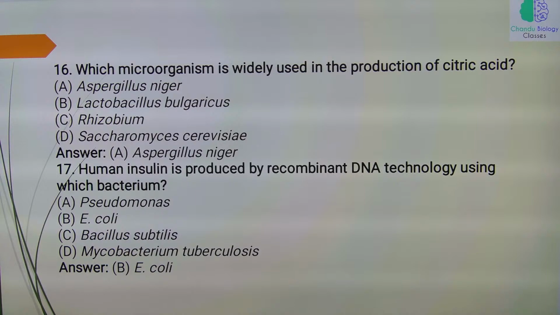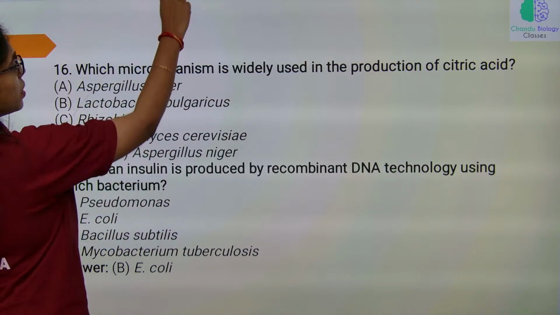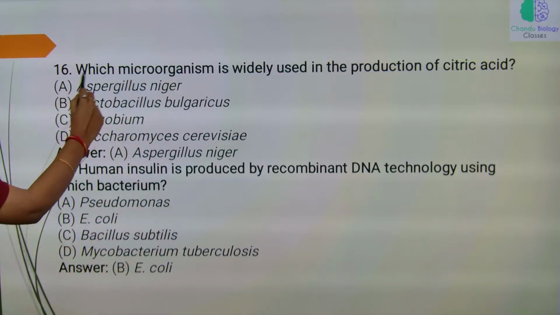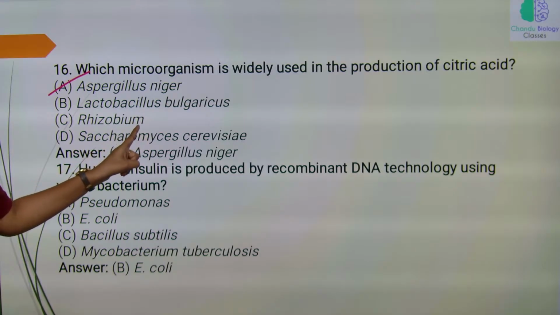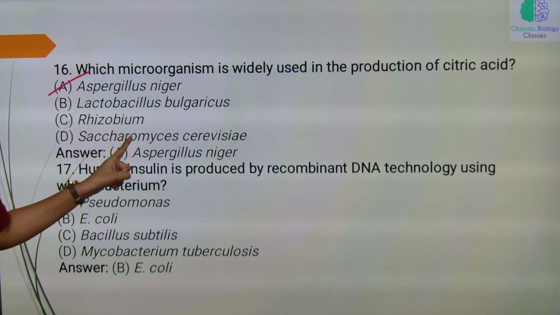Minimal identification. Which organism is widely used in producing citric acid? Citric acid, of course, the answer will be Aspergillus niger. Lactic acid, Lactobacillus. Rhizobium is used in nitrogen fixing, which is symbiotic association. Saccharomyces cerevisiae is used as baker's yeast or in brewing industries for making alcohol.